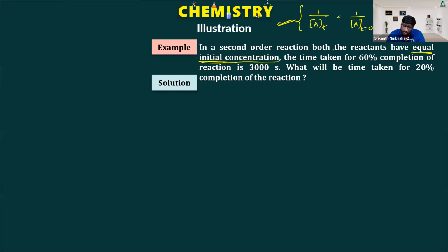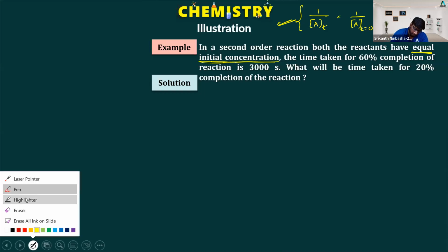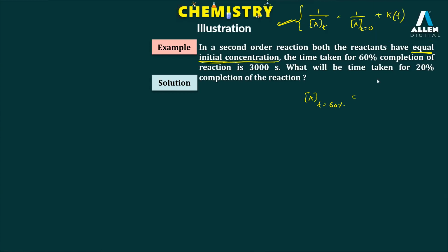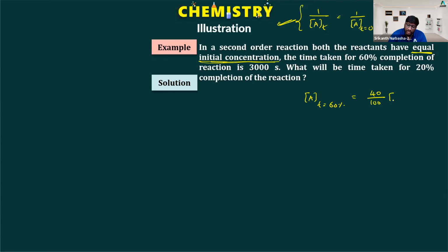So in a second order reaction, both the reactants have equal initial concentration. The time taken for 60% completion of the reaction is 3000 seconds. What will be the time taken for 20% completion? For 20% completion, how much time will be required? Can I solve this by using the same formula? 60% is done means 40% is remaining, right? So the concentration of A at time t is 40 by 100 times the initial concentration.